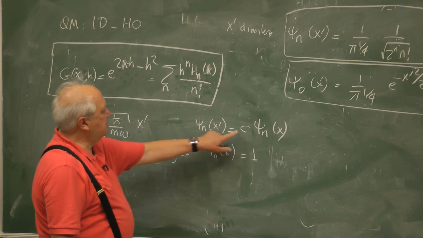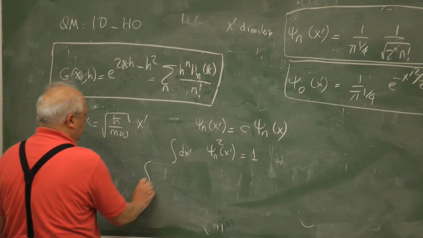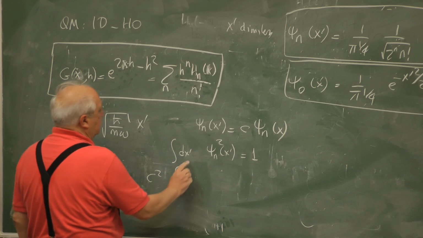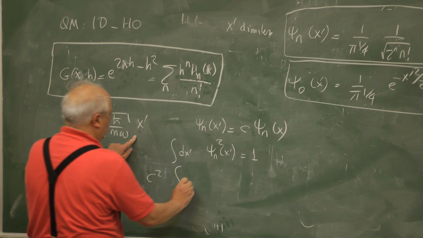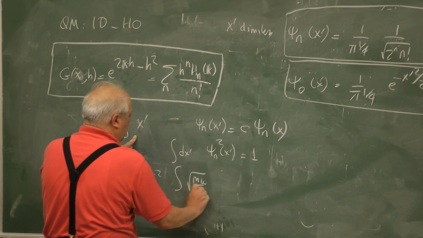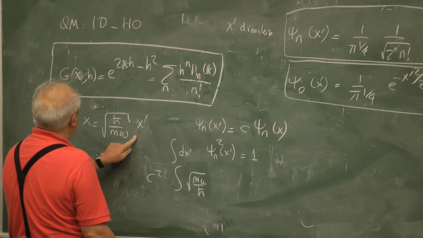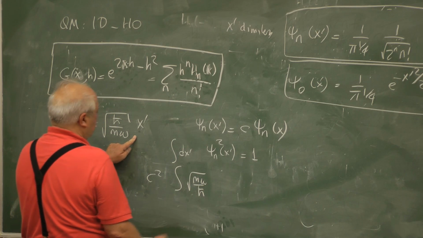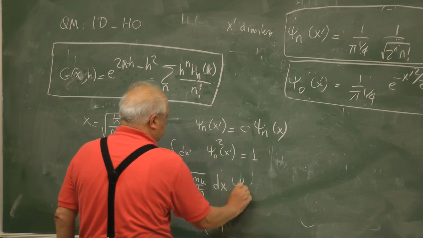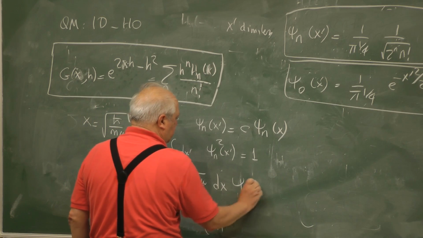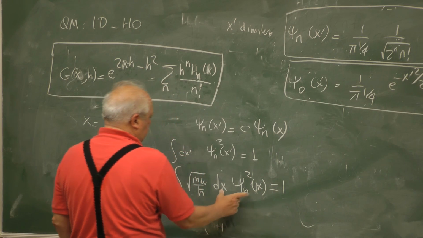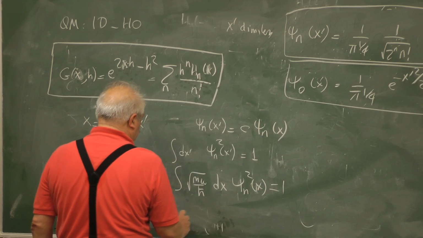Psi n of x prime is c psi n of x. So c squared, dx prime is root m omega over h bar dx, psi n of x squared. This is equal to 1. So this is the normalized state.